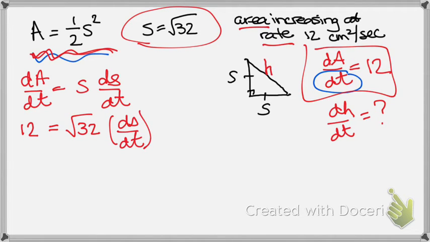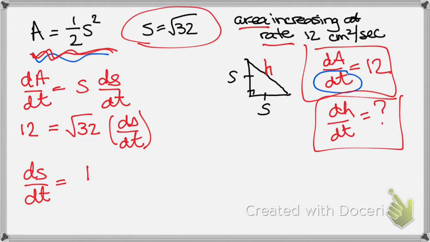Now, they didn't ask for ds/dt. I get that. That's a problem. But maybe if I find out ds/dt, then I'm guessing I'll be able to get what they asked me, which was dH/dt. Okay, so solving for ds/dt, divide by the square root of 32, and ds/dt, and I'm not even going to clean that up, would be this. Okay, well that's fine, but not what they want, not what I want.